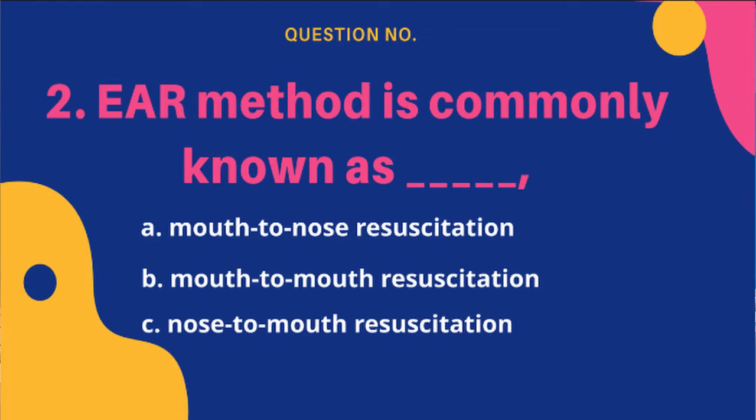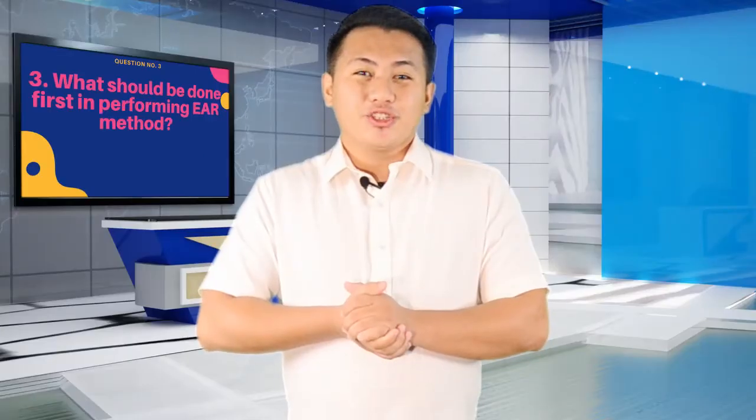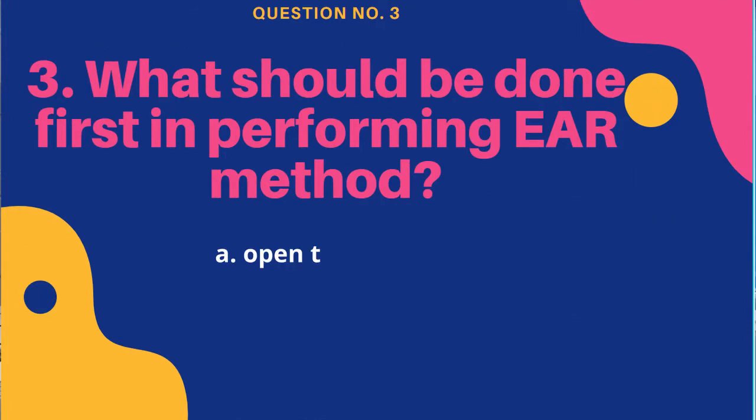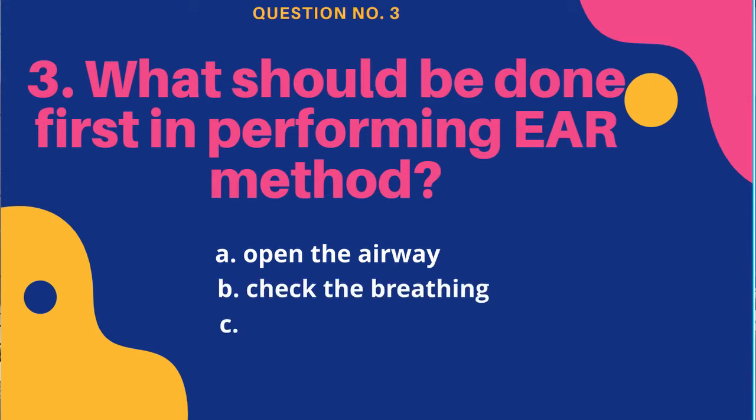Now, for the third question, what should be done first in performing EAR method? A. Open the airway. B. Check for breathing. And C. Give more breaths.